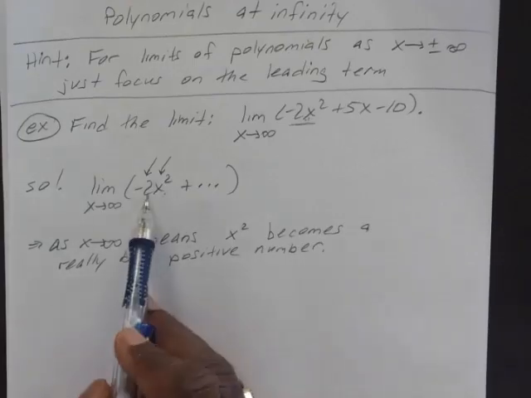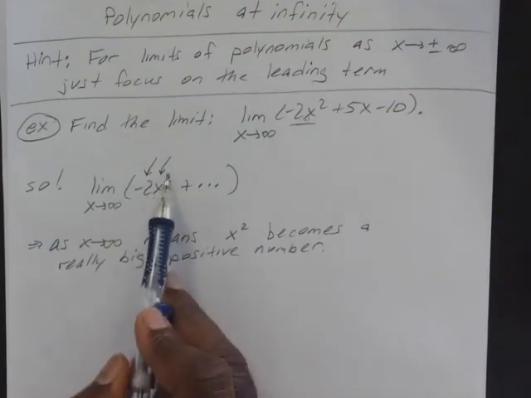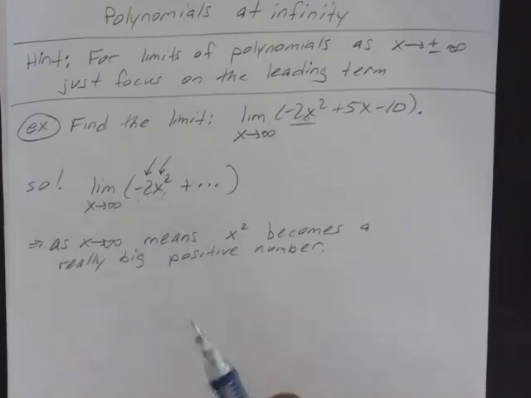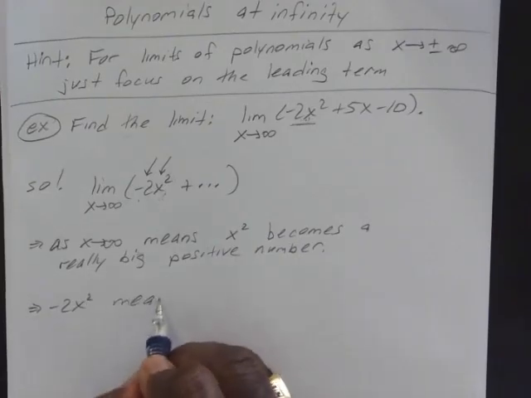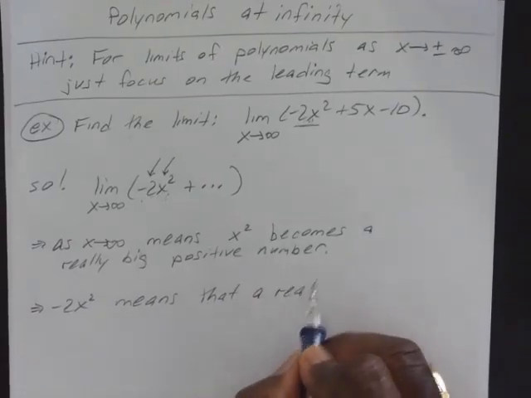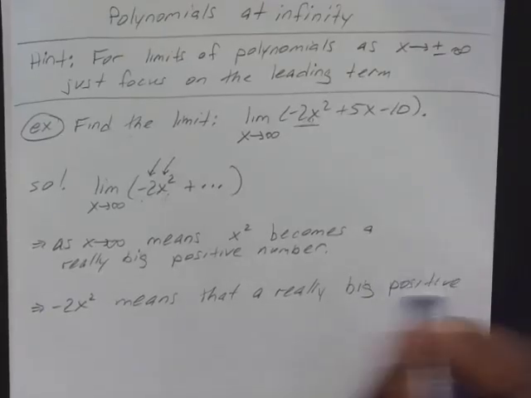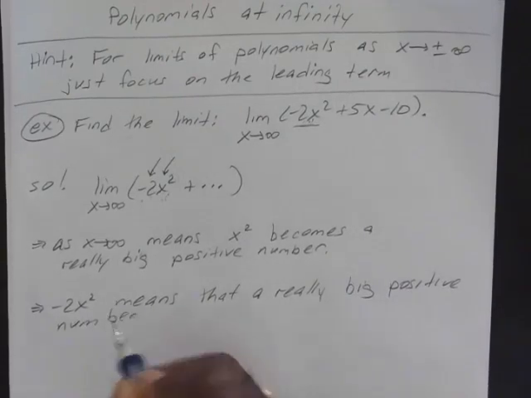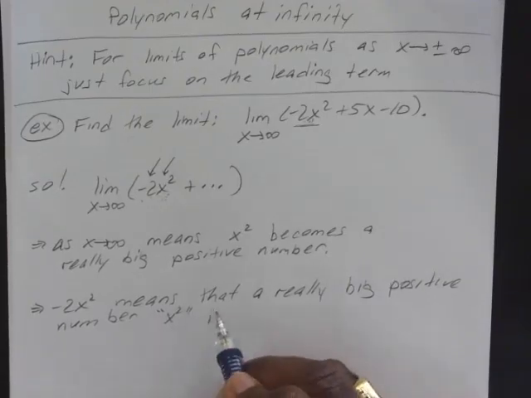Okay, so if you take negative 2 times a really big positive number, then that just becomes a negative number with a very large absolute value. So it's going to end up being a negative number because you have a really big positive number times negative 2. So negative 2x squared means that a really big positive number, which in this case is your x squared, is multiplied by negative 2.